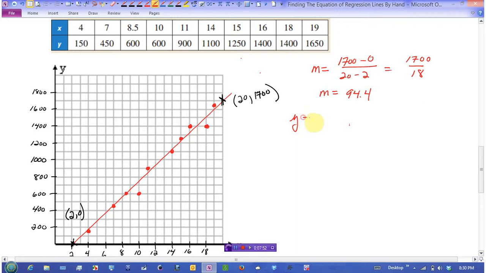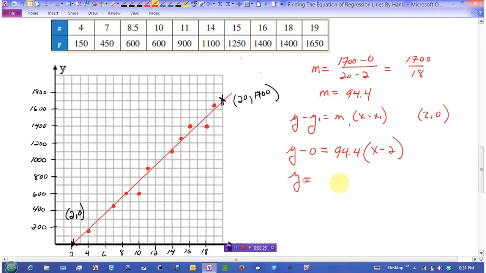Let's plug that into point slope form: y minus y1 is equal to the slope times x minus x1. Now I can use any point that's on the line itself, so why not use one that's easy to use? I'm going to use the point (2, 0) because that is on that line. So we've got y minus 0 is equal to 94.4 times x minus 2.